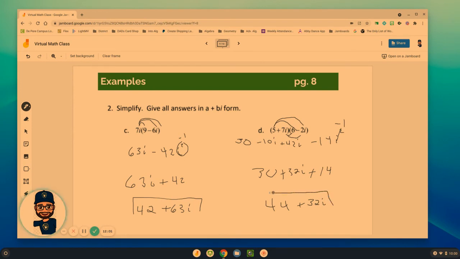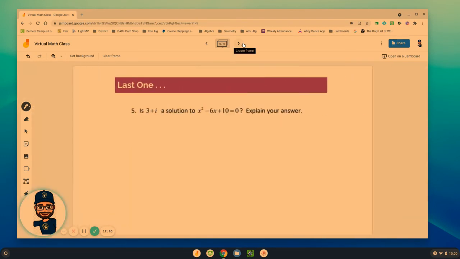So that's a lot of the operations that we can do with these complex numbers, very similar to solving and simplifying algebra. Last question for today is more of a challenge. All right. Is 3 plus i a solution to the quadratic x squared minus 6x plus 10 equals 0? Explain your answer.